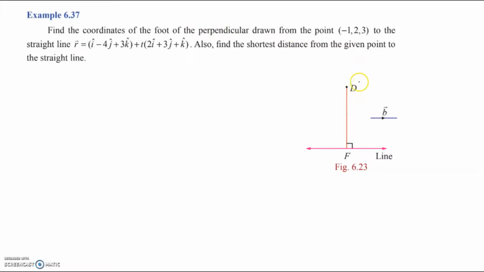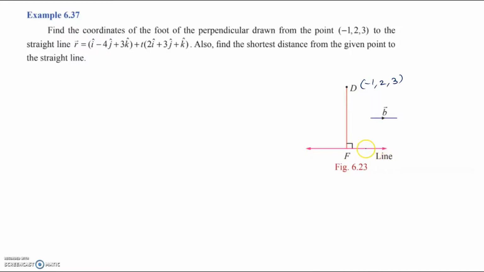Here we are given the point D as -1, 2 and 3, and this is our straight line which is given by this expression here, and we have drawn the perpendicular to the straight line from D. So F is the foot of the perpendicular from D to the straight line.